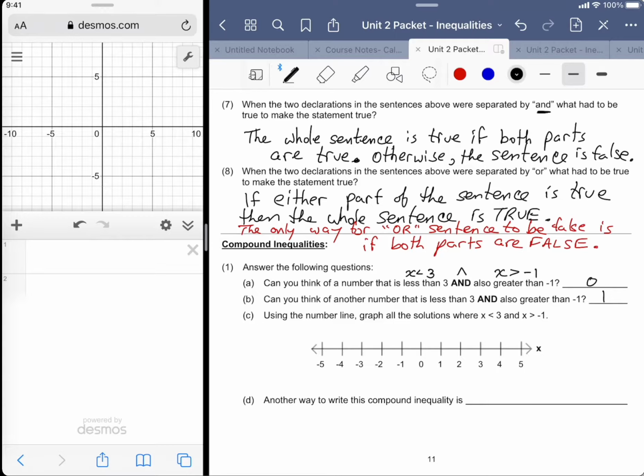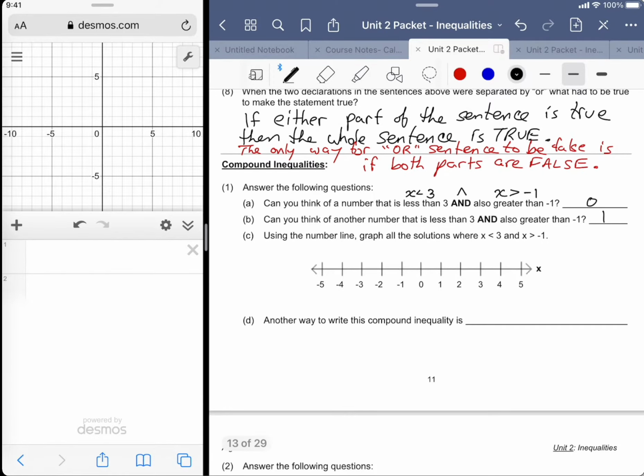So looking at the number line, I would plot each of these two inequalities separately. I'd say x is less than 3. All right, open circle on the 3, shade to the left. Greater than negative 1, open circle on the -1, shade to the right.